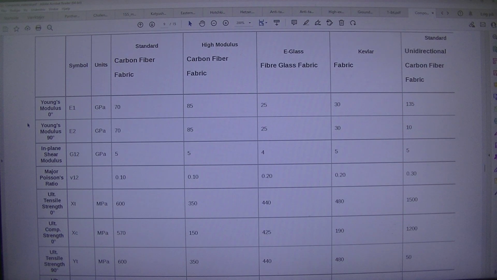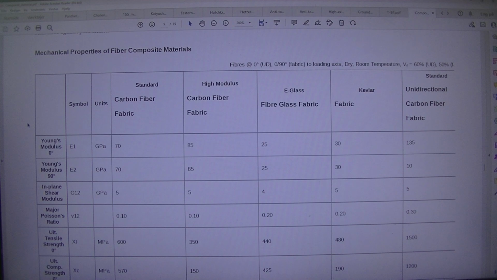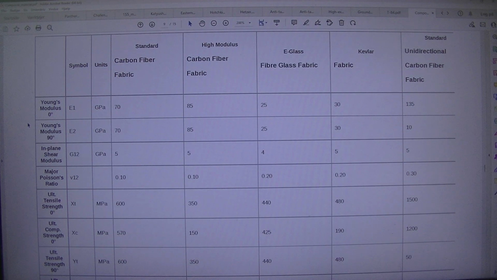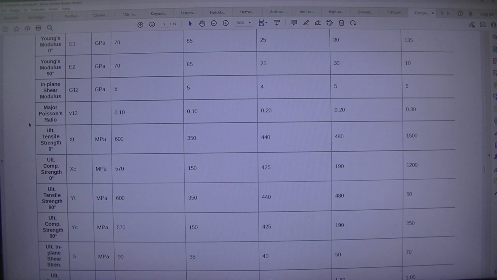Mechanical properties of fiber composite materials. Fibers at 0 degrees, UD, 0/90 degree, fabric. To loading axis, dry, room temperature, VF equals 60%, UD, 50%, FA. Standard carbon fiber fabric, high modulus carbon fiber, glass fabric, Kevlar fabric, standard unidirectional carbon fiber fabric.